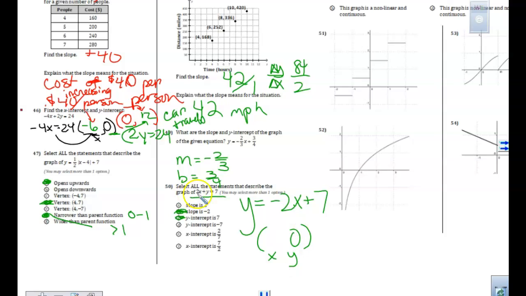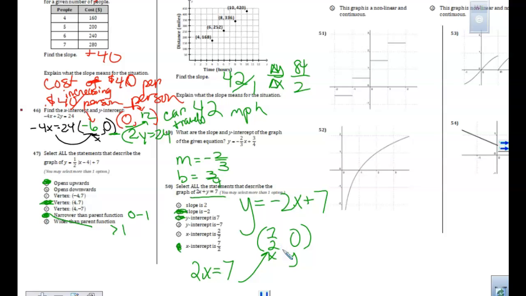So I can go back to this equation and put 2x plus 0, which means 2x equals 7. And now it's pretty easy to find my x-intercept, which Nathan should be... Yeah, that's 7 over 2, right? Not 2/7, but 7 over 2.